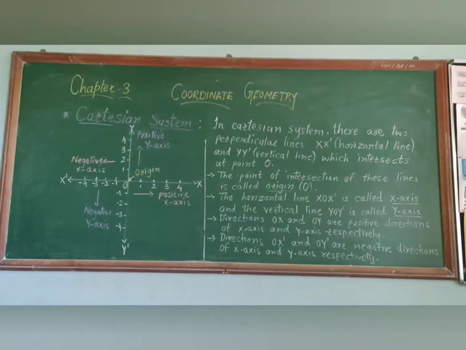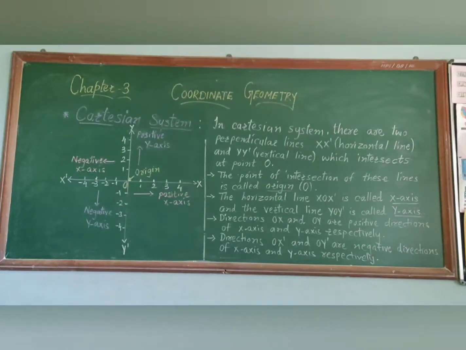So, a French philosopher and mathematician named Rene Descartes initially developed coordinate geometry, in which he used the concept of two number lines, one he placed in a horizontal manner and another in a vertical manner.